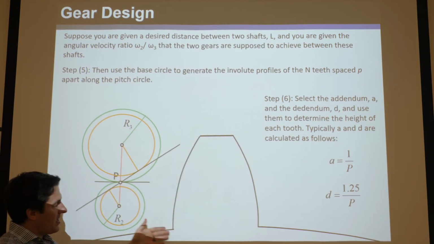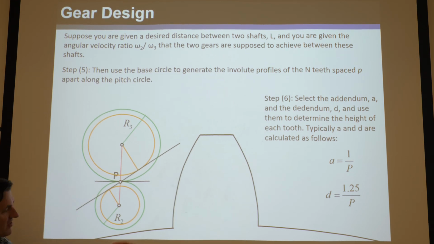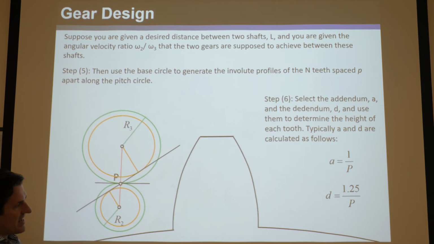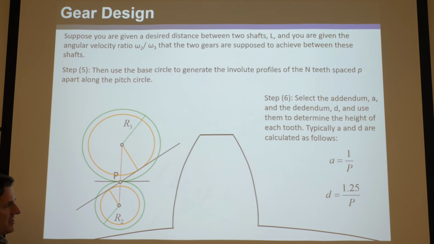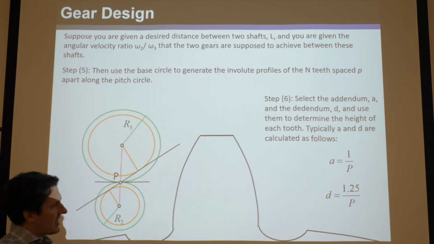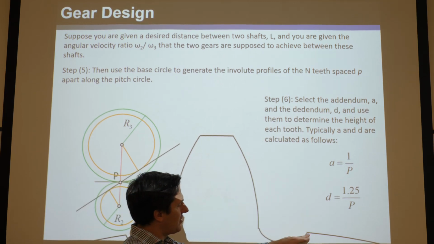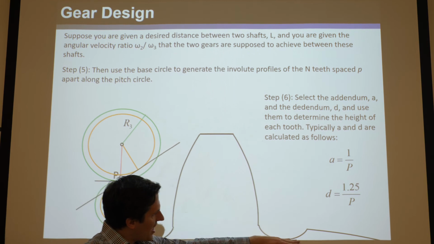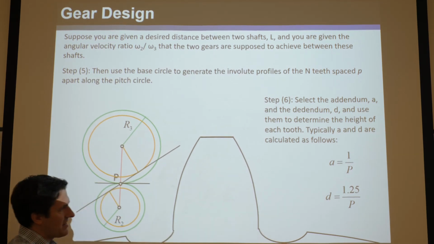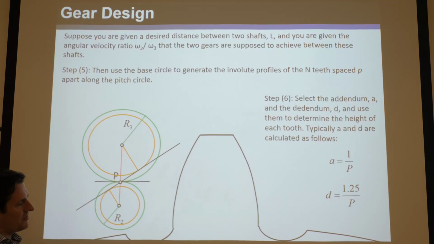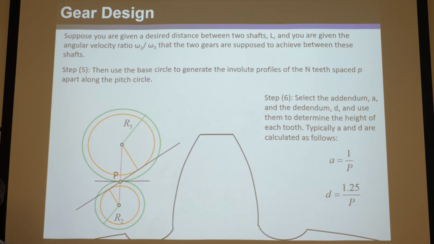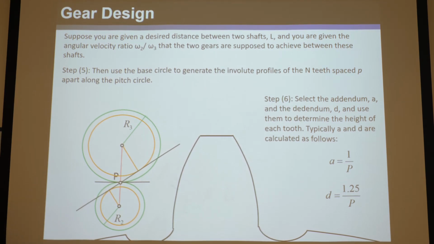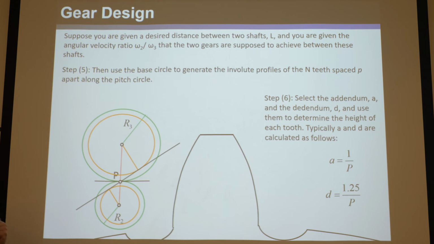And then also the base circle here, if you just left it like this, it could be the dedendum circle, the base circle and the dedendum circle. But usually, to give it some clearance, you'd want to cut something below the base circle, any shape you really want, and it would be the bottom of this that would determine the dedendum circle. So you can see the dedendum and addendum circles are fairly arbitrary depending on how you cut it.